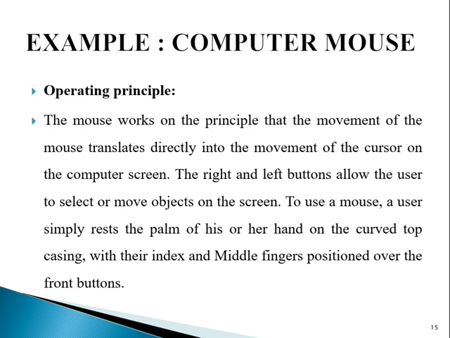The mouse works on the principle that the movement of the mouse translates directly into the movement of the cursor on the computer screen. The right and left buttons allow the user to select or move objects on the screen. To use a mouse, a user simply rests the palm of his or her hand on the top casing, while their index and middle fingers are positioned over the front buttons. Okay, so you can write it down operating principle from here.